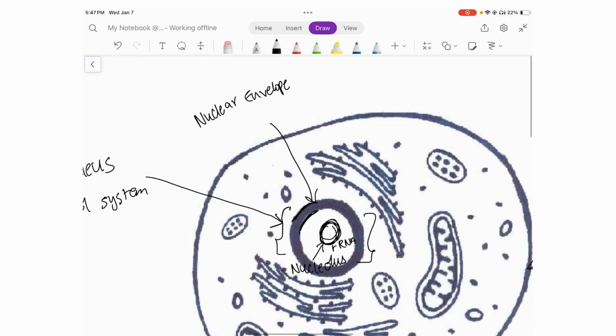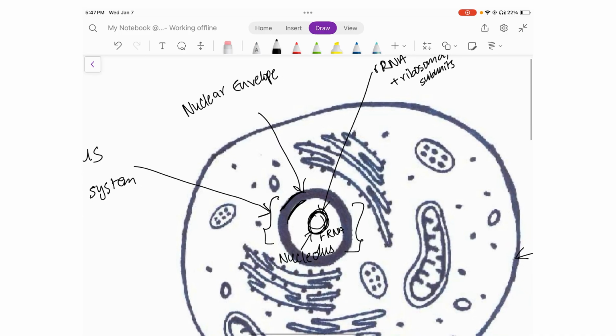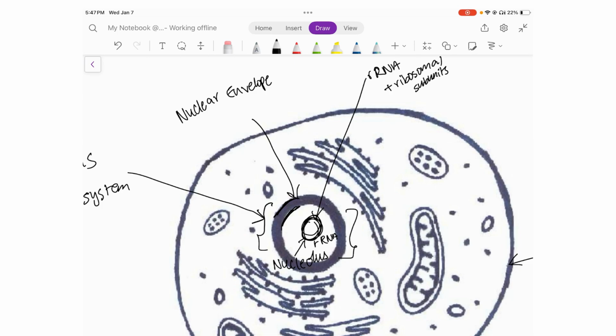Let me just quickly write that here for you. So this makes rRNA and ribosomal subunits, which are responsible for creating ribosomes. The rRNA and ribosomal subunits exit through the nuclear envelope via the nuclear pores.